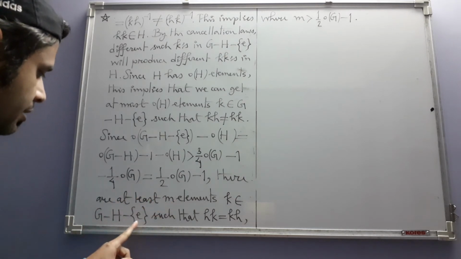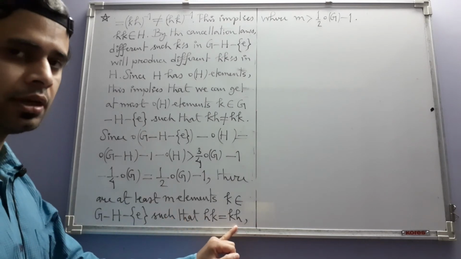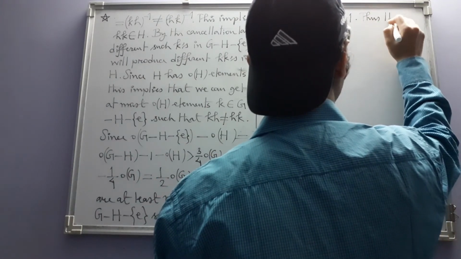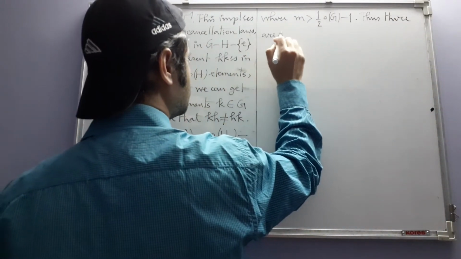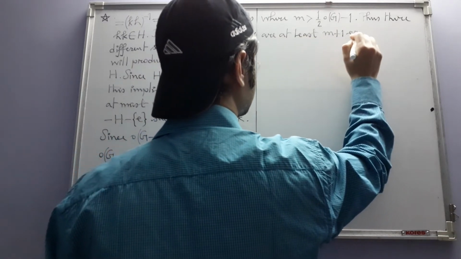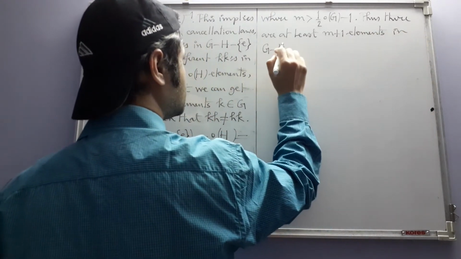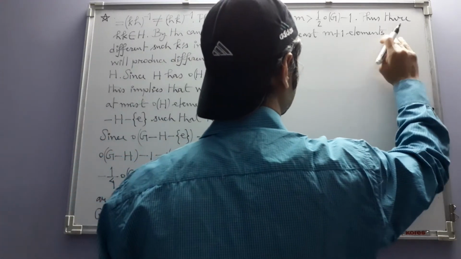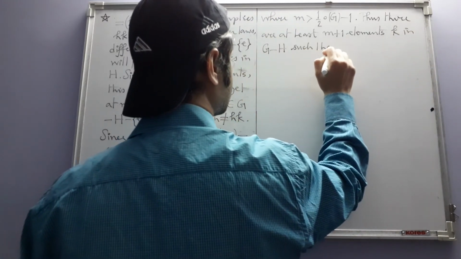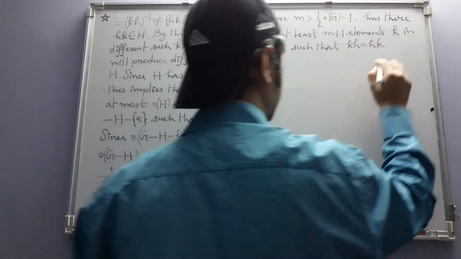Note that in this set e is not there because we have removed e, but e also definitely commutes with H. Thus, there are at least m plus 1 elements k in G minus H such that kh is equal to hk, and in brackets you write.